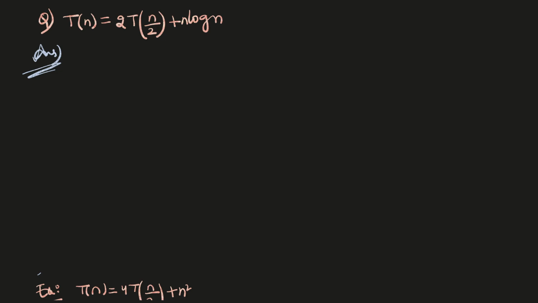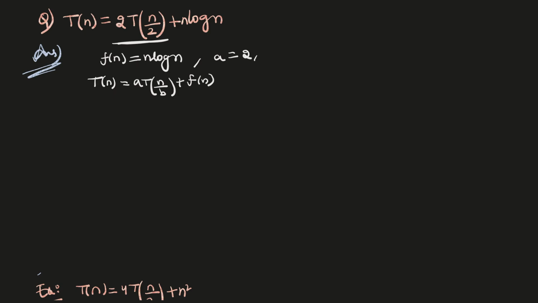The first question is 2T of n by 2 plus n log n. If you identify the function over here, it is nothing but n log n. If you compare this with the original equation, that is T of n is equal to a T of n by b plus f of n, then from here we can say that a is equal to 2 and b is equal to 2.